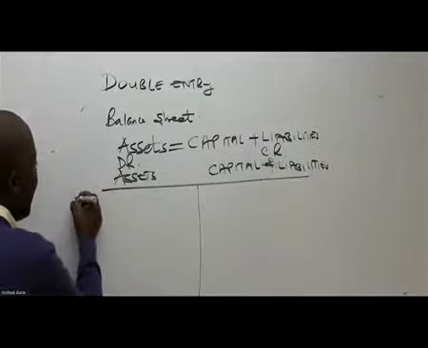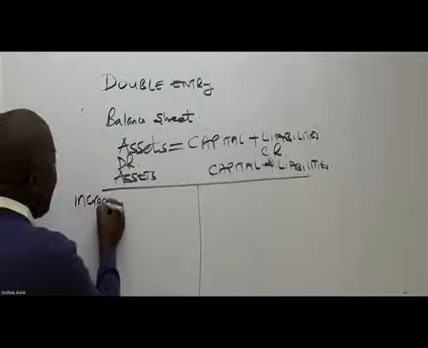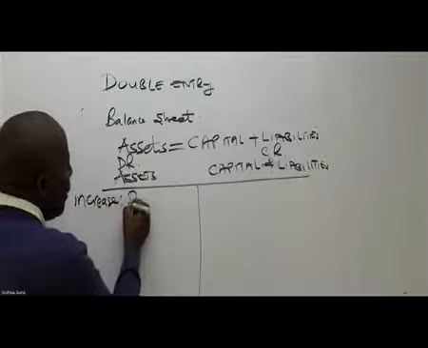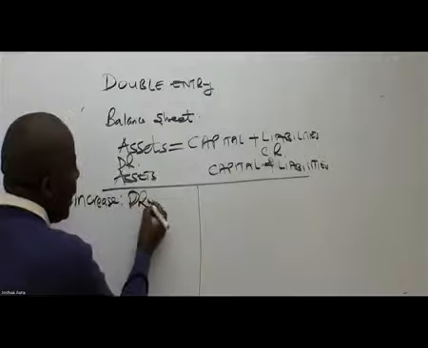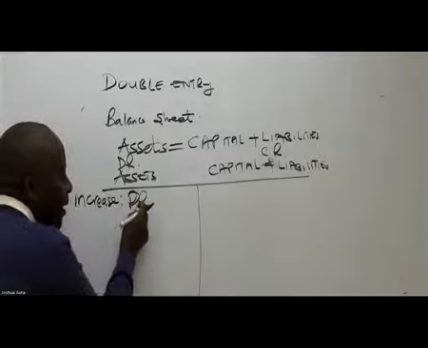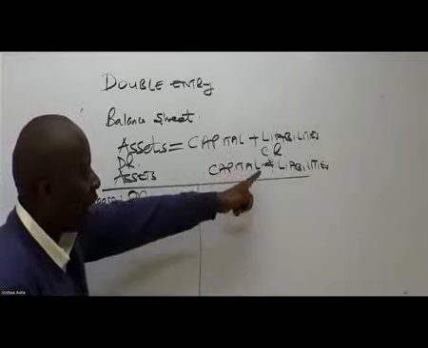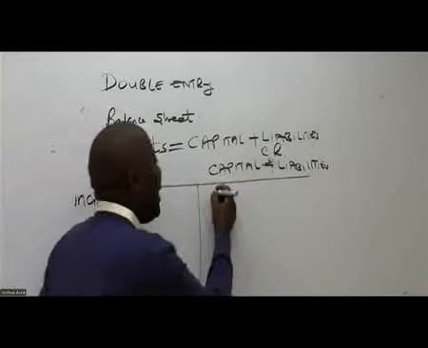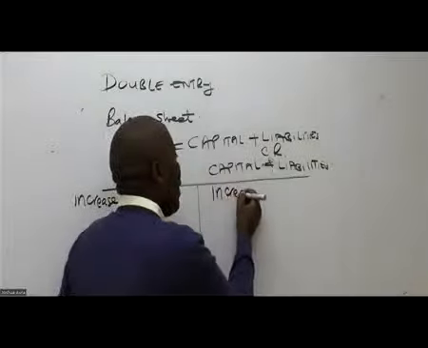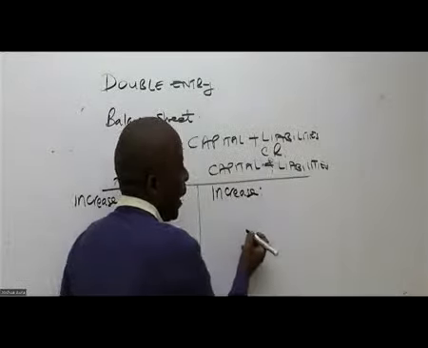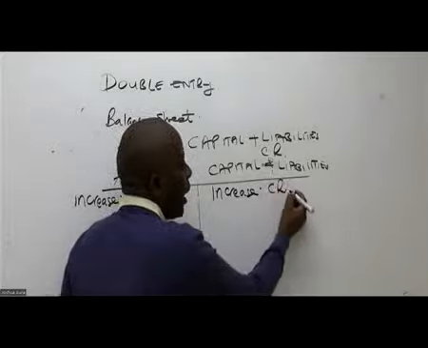So whenever this side increases, always debit the particular asset account. The same case with capital and liabilities: whenever we have an increase on this side, we shall be doing what we call credit.